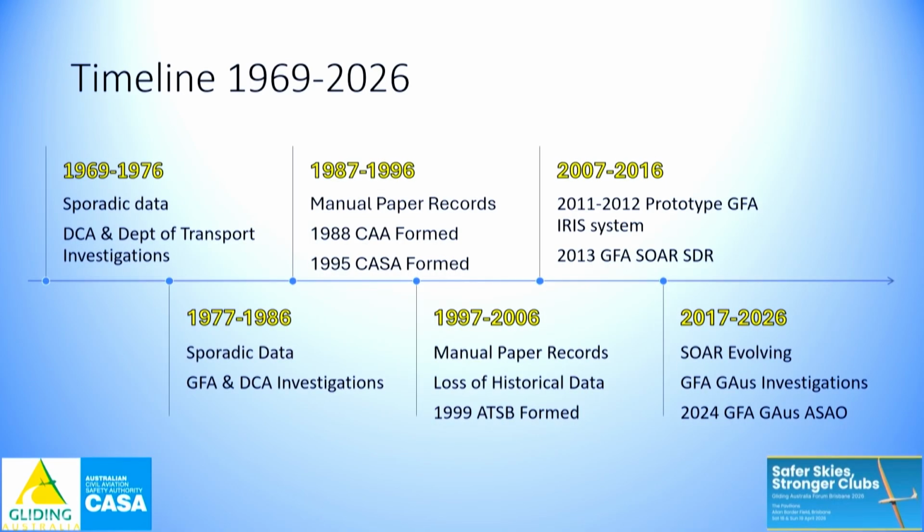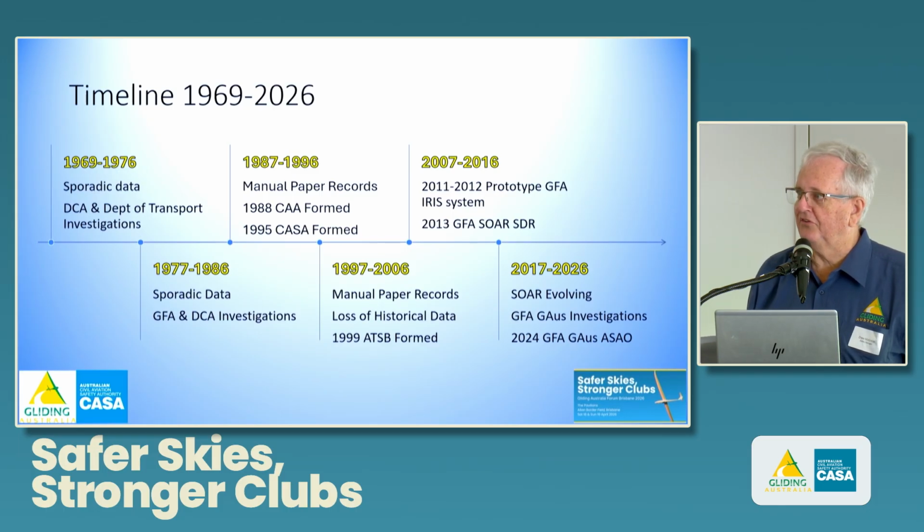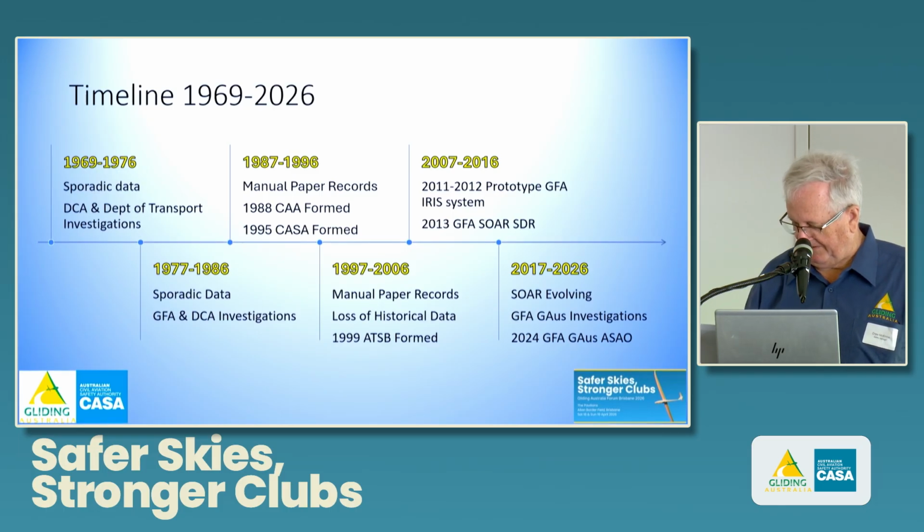But then we had SAW introduced in the early 2010s, and that started on paper and became electronic, and now we've got what we have. Our investigative capabilities have improved with our interfaces with Defence and CASA, Air Services and ATSB, and yes, the demands on us to do these things well are somewhat higher.